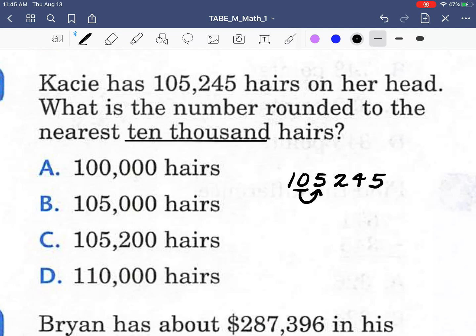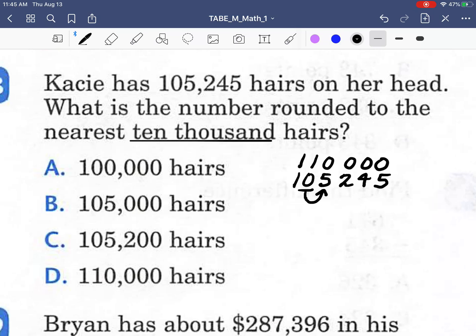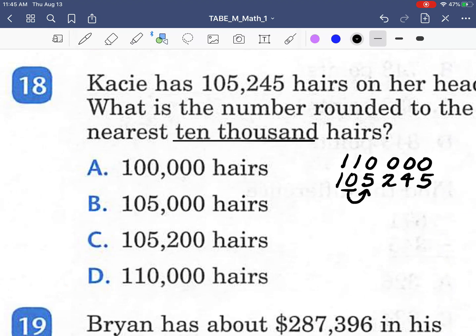So that 0 becomes a 1. The neighbors round off, and the leader stays the same. So the answer to number 18 is D. 110,000 is the estimate. The exact is the 105,245. So number 18 is D.